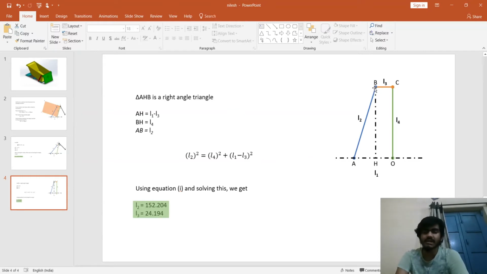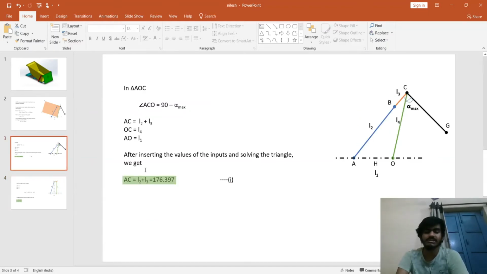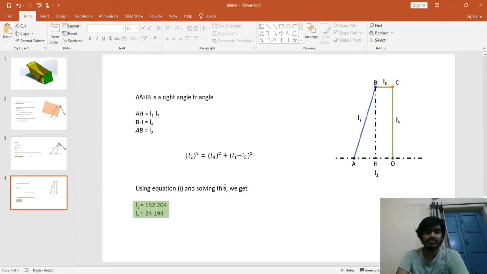After applying the triangle law in this small triangle AHD, we got a relation between L2, L4, L1, L3, and we also got a relation between L3 and L2 in the previous slide. After equating both of them, we got our L2 length to be 152.204 and L3 to be 24.194. So we found all the dimensions of the 4R mechanism that we require to synthesize.